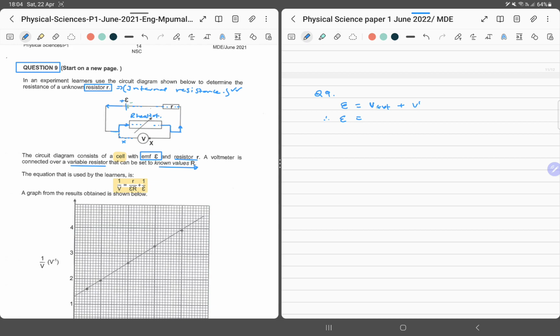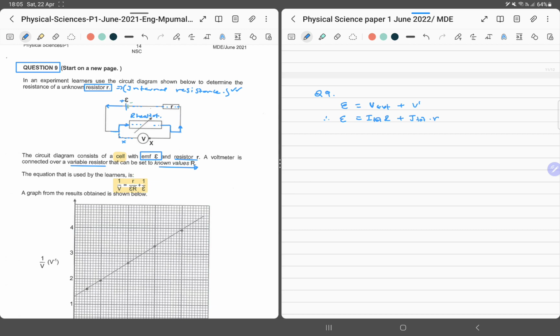The V external is going to be the total current multiplied by the total resistance of the external circuit, which is just the rheostat R, plus the total current multiplied by the internal resistance r. Okay, so that is what we've got.